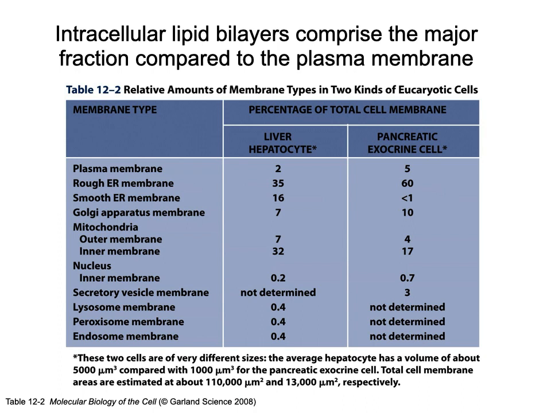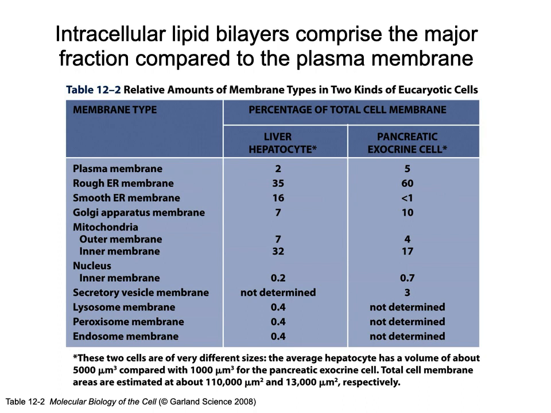For this table, now we're looking at the total cell membrane and how the different organelles contribute to it. Traditionally we think of the plasma membrane as taking up so much of the cell. If you asked a student to name a membrane, they'd say cell membrane, and they mean the plasma membrane.